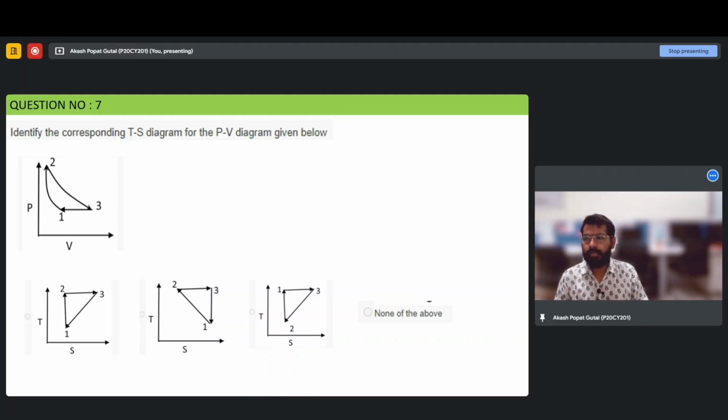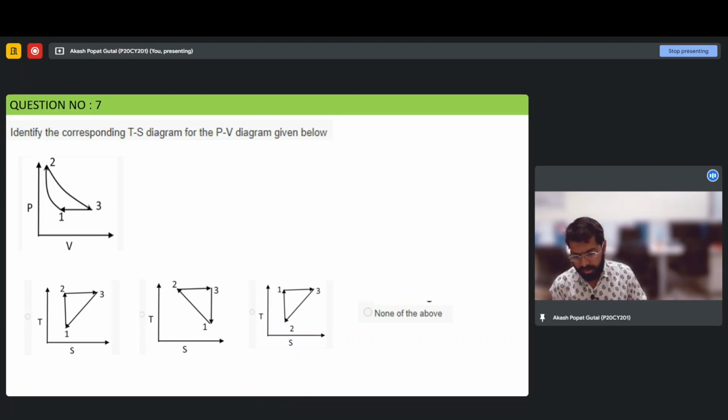So in this problem, you can see the PV diagram is given. In the PV diagram, the 2 to 3 process seems like an adiabatic process, or we can say it's an expansion, and 3 to 1 is a process in which the pressure is constant, an isobaric process, and 1 to 2 is again a compression.